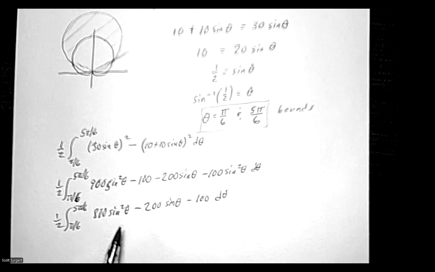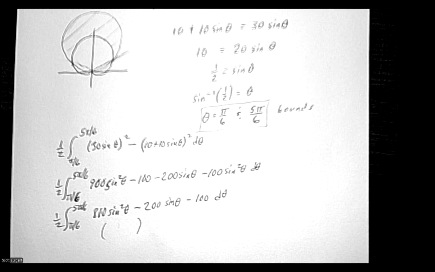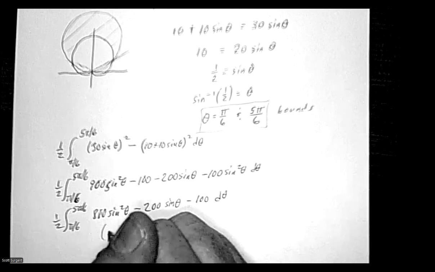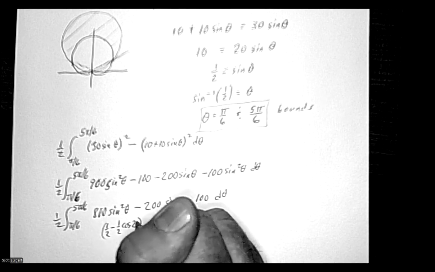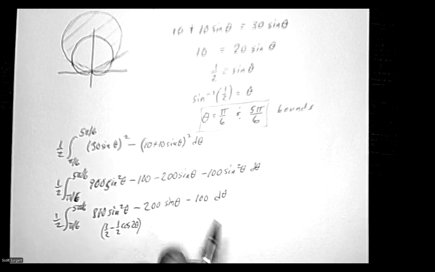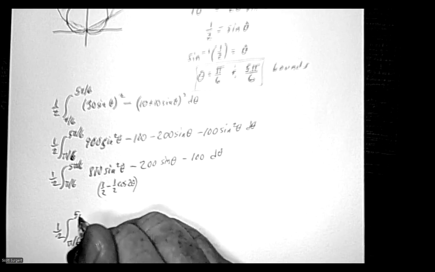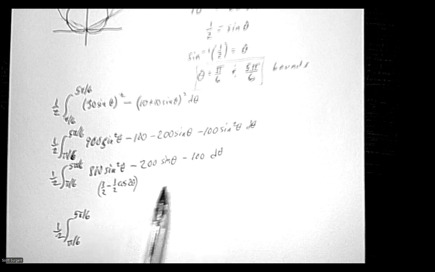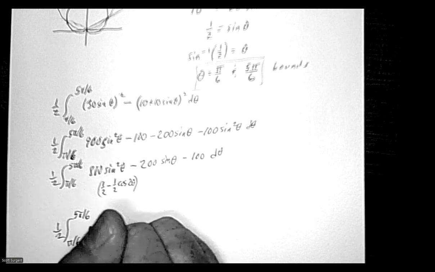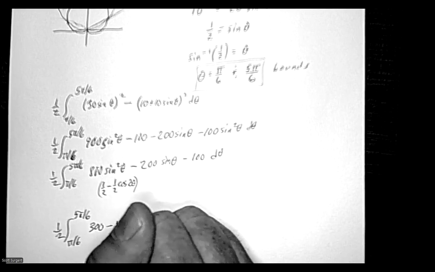As far as working this out, one thing you definitely want to know is your sine squared identity, because you can't integrate that directly. Sine squared is 1/2 minus 1/2 cos 2 theta. So one more time, I'll just write out the integral. If I distribute that 800 through, I get 400 minus 100, so I actually get 300, and then I'm going to have minus 400 cos 2 theta.